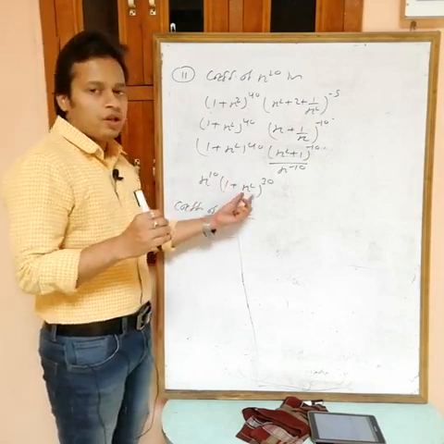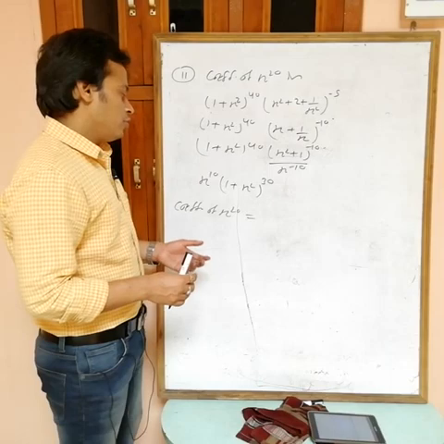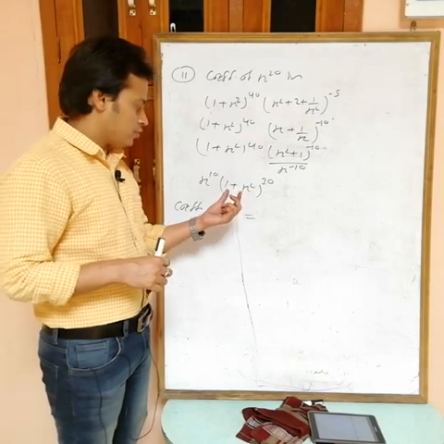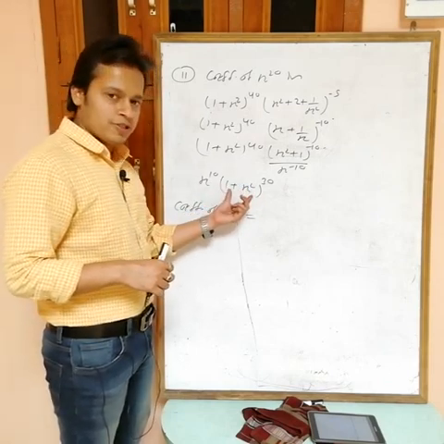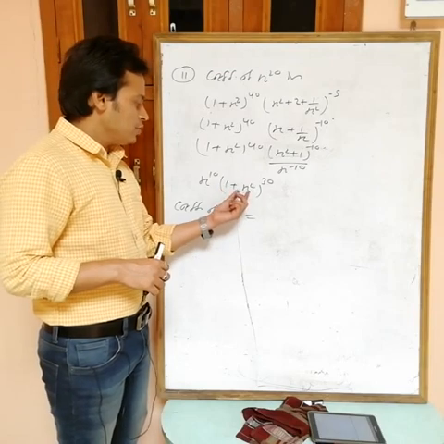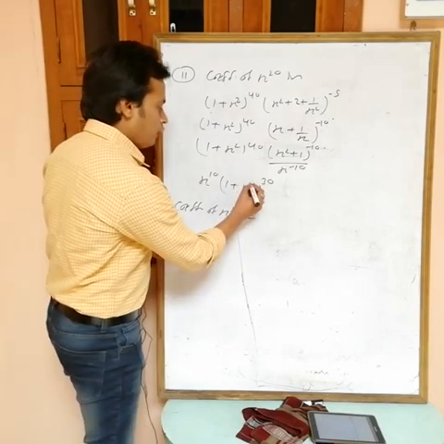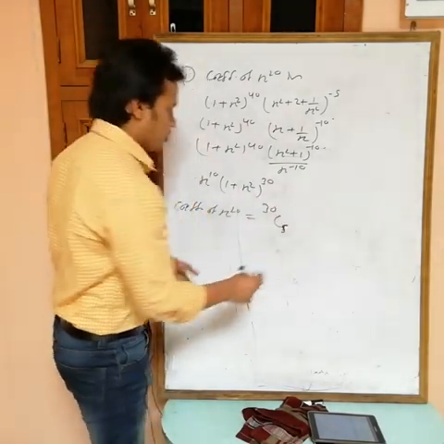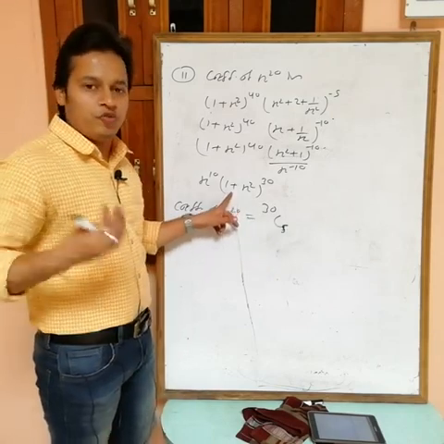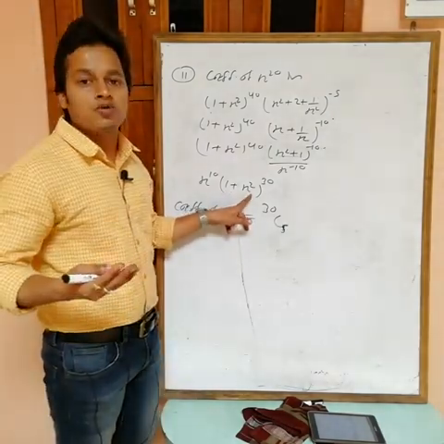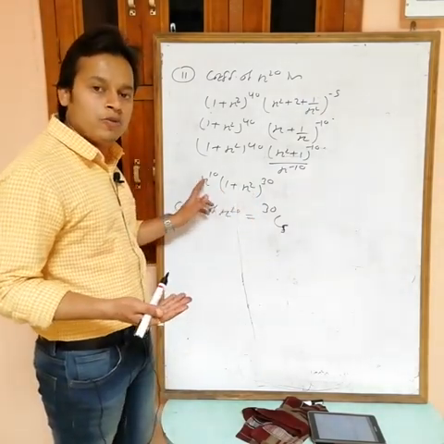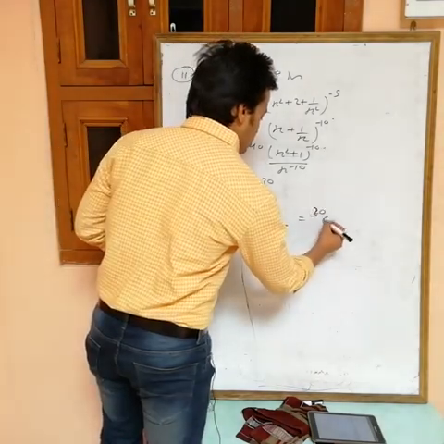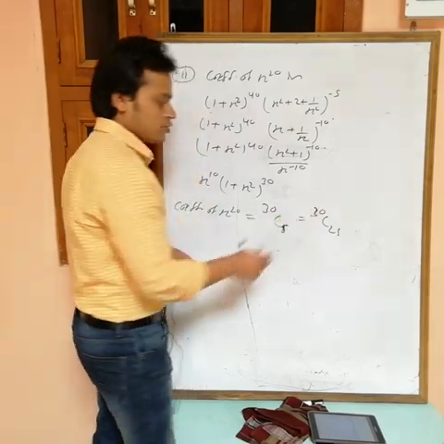From this one you will get x¹⁰, then times x¹⁰, you will get x²⁰. So we want the coefficient of x¹⁰ from (1 + x²)³⁰. You get x¹⁰ if you take the term with power 5, and its coefficient is 30C5, with x² to the power 5 giving x¹⁰. Okay, so 30C5, and the answer can also be written as 30C25 because both are the same, nCr = nC(n − r).